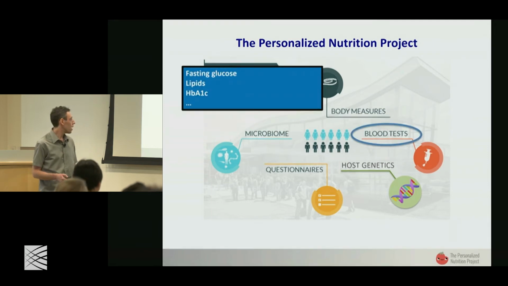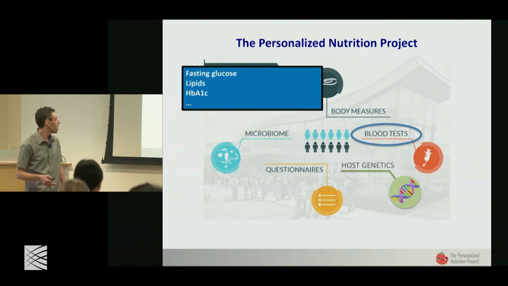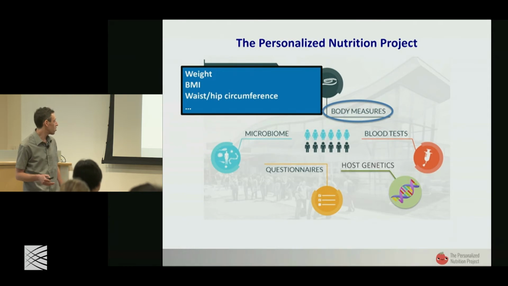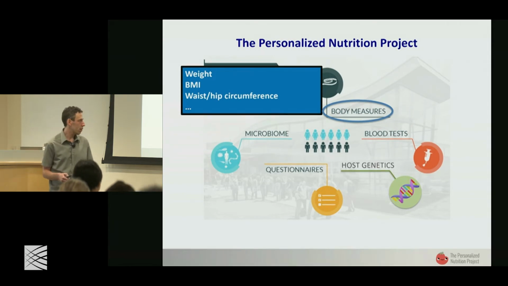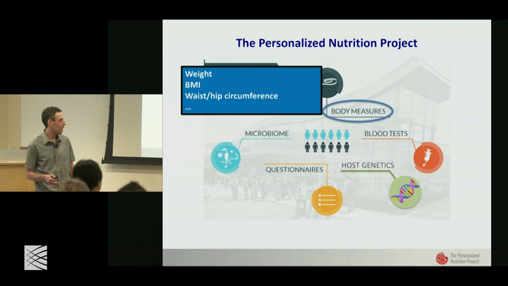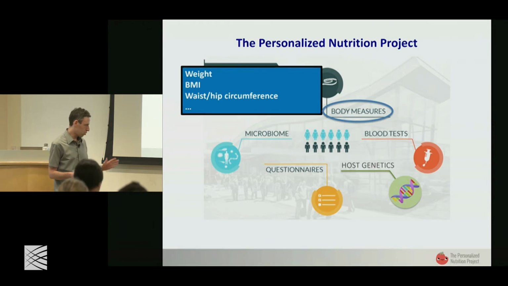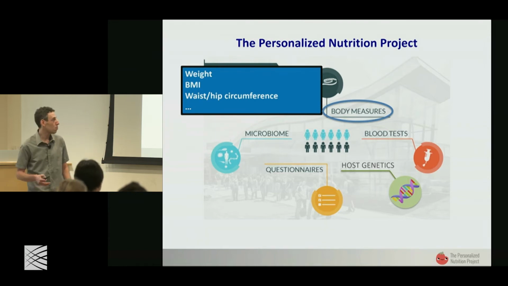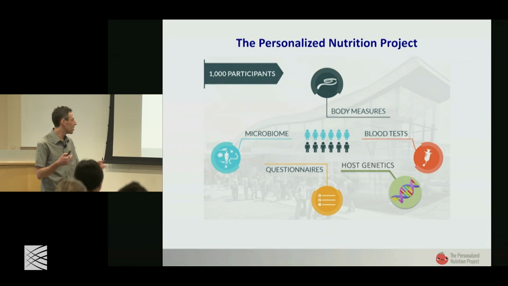And they provided blood samples, which we used to measure stuff like fasting glucose and lipids and HbA1c, which is a measure for diabetes risk, and body measurements like weight and BMI and waist hip circumference. And this is the data that we had. So we have a lot of data. And in microbiome terms, this is one of the largest cohorts in the world right now, the first or the second, depending on how the two cohorts increase in size.